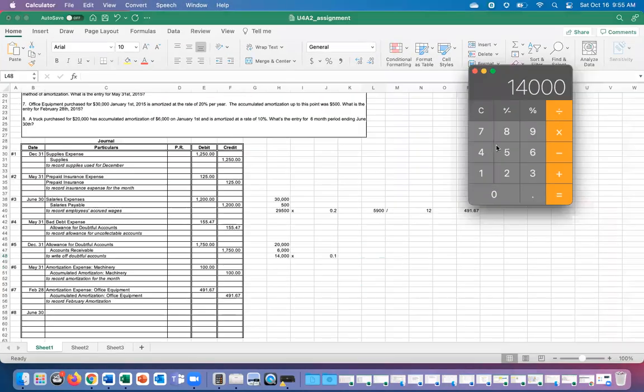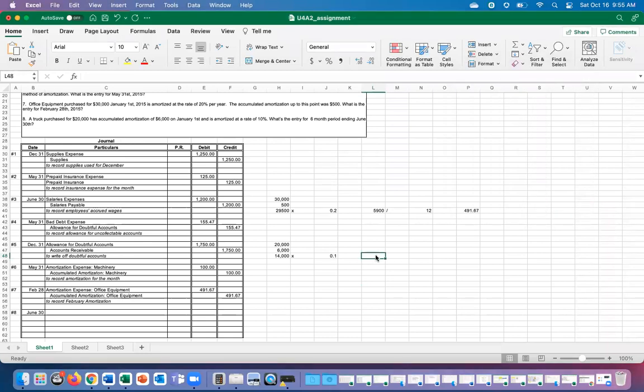And we'll see what that gives us. 14,000 times 0.1. That'll give us 1,400. All right. And so that is the amount that this truck will amortize over the next year. And so now we want to do it for the 6-month period. So there's a couple of ways you can do this.